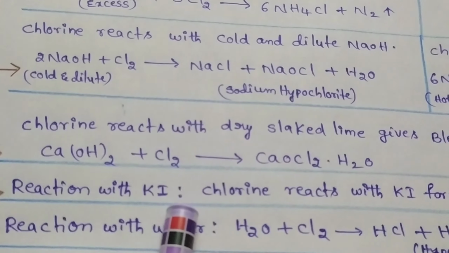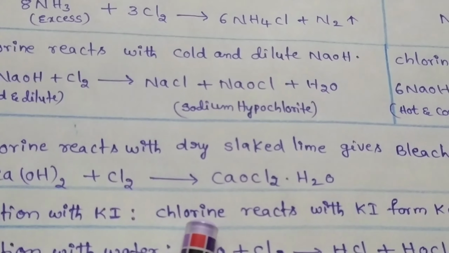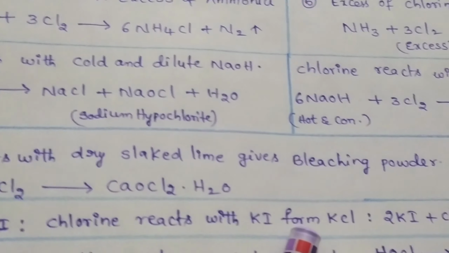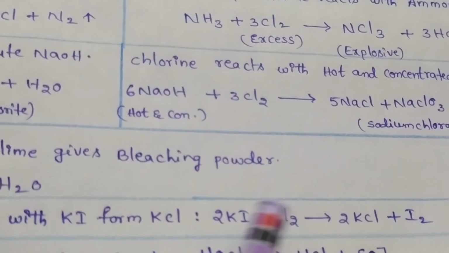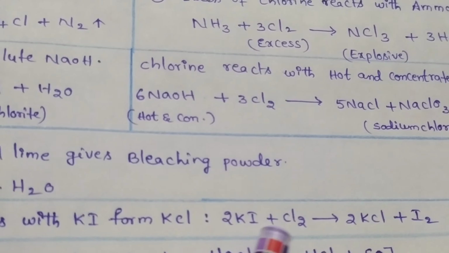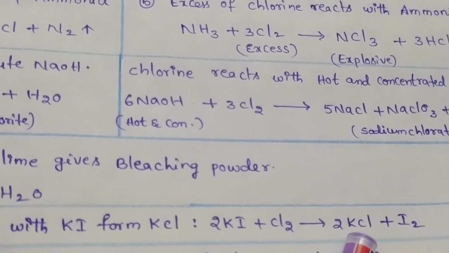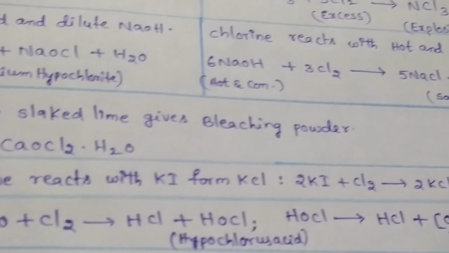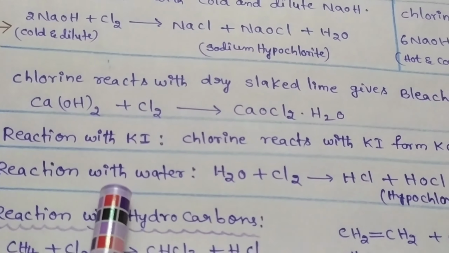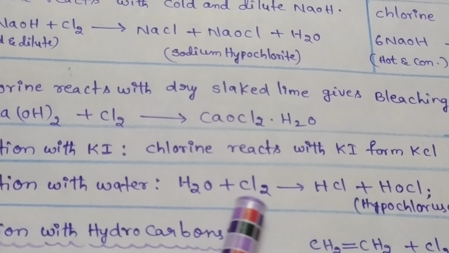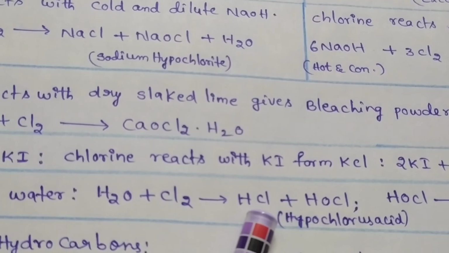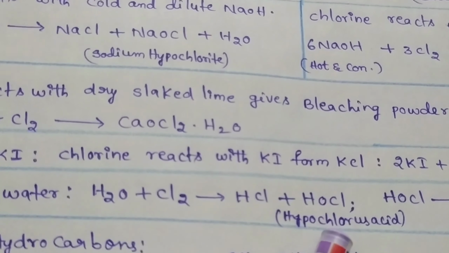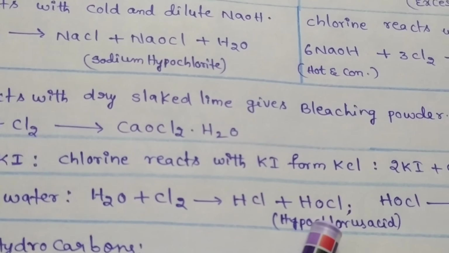Next, reaction with potassium iodide. Chlorine reacts with potassium iodide to form potassium chloride and iodine. That means 2 moles of potassium iodide react with chlorine to form potassium chloride and iodine. Next, reaction with water. When chlorine reacts with water, it forms hydrochloric acid and hypochlorous acid, formula HOCl.